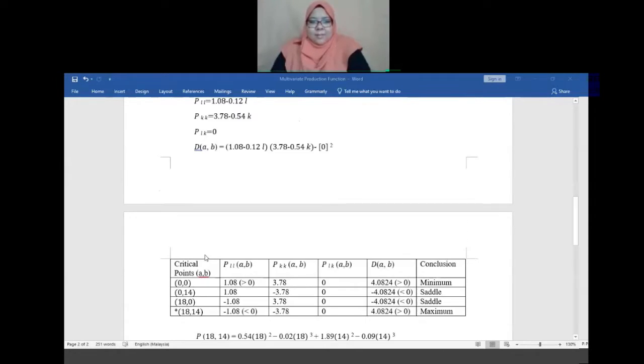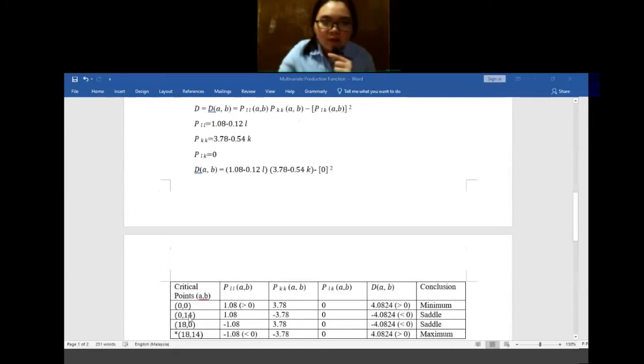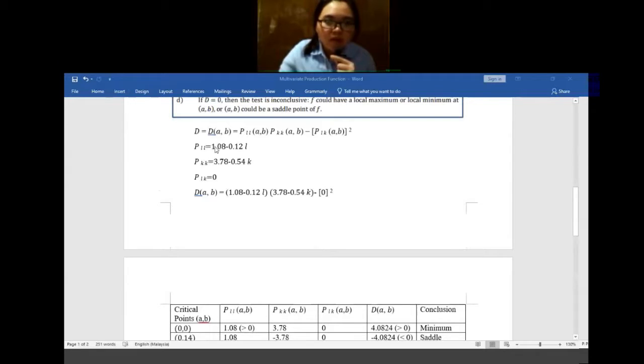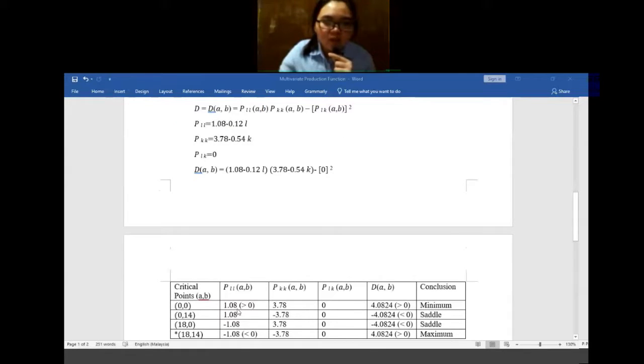Alright, we need to substitute each critical point into the second derivative function. Like we substitute, the first is L and K. So L is 0, so we substitute the 0. So we can get the first is 1.08. The next also we substitute the critical point into the function, so we can get 1.08.